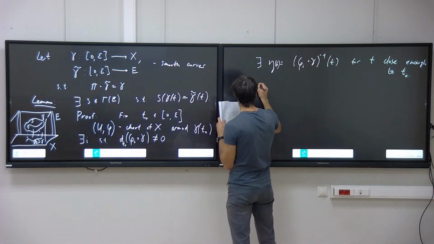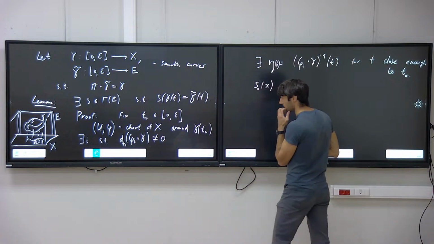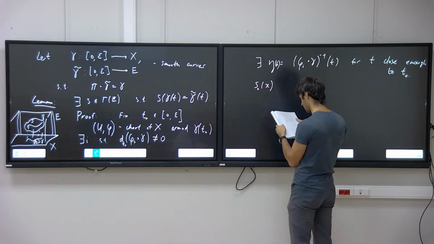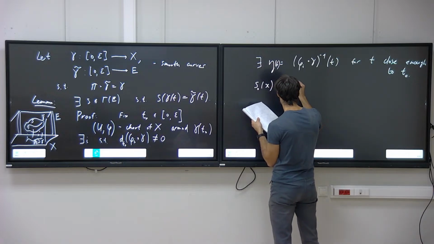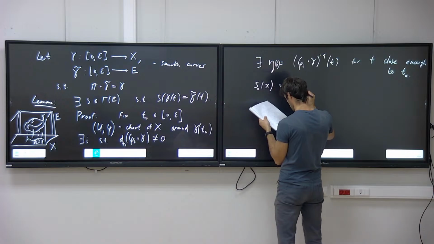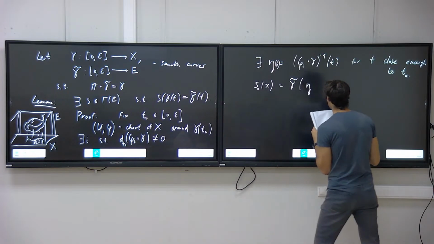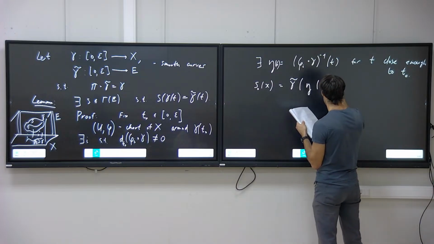And then I define around T0 the local section S0 of X. My goal is to define a section S, so first I will define it locally around T0 as follows: it's just gamma tilde of eta of phi I of X.